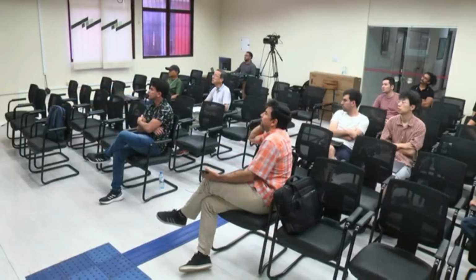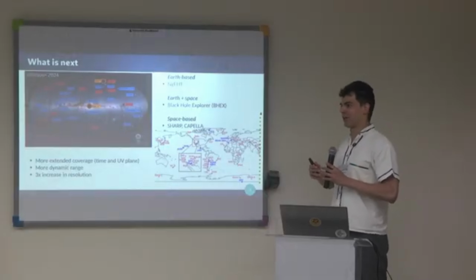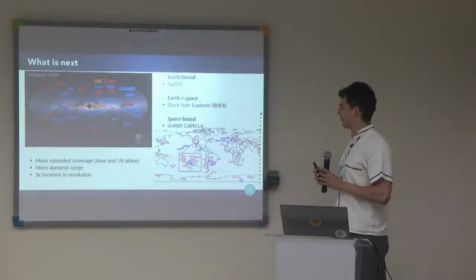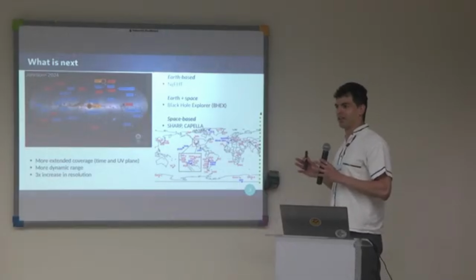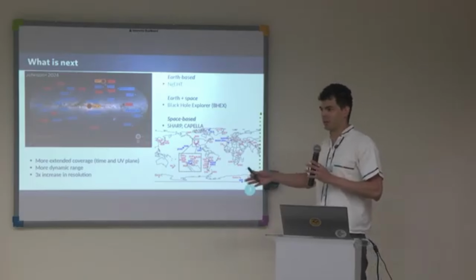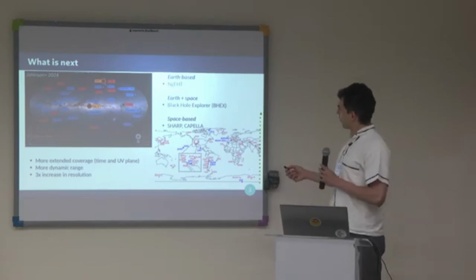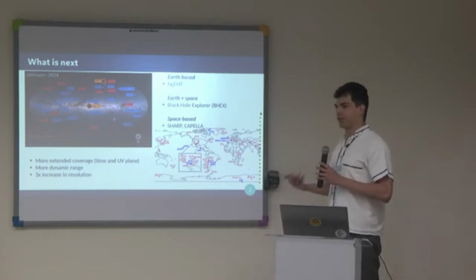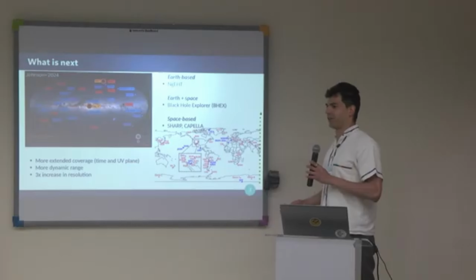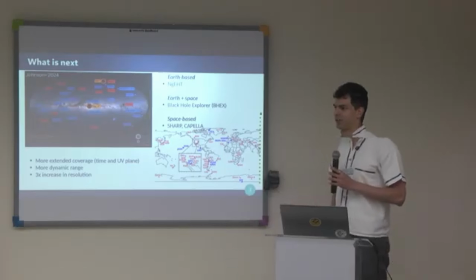Currently, none of the projects that involve stations in space have obtained funding. Some of them are quite promising, but the expectation is that we should see this in the next decade, in the 2030s to 2040s. On the other hand, for the ngEHT, some of the additional stations have already been granted funding, and some of them are already in construction.